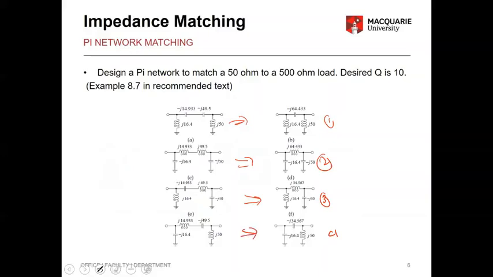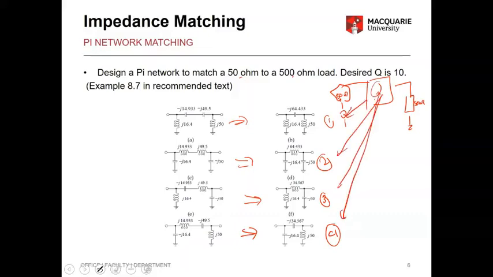There are 4 matching networks you can have to match a 50 ohm source to a 500 ohm load. So this impedance matching network can be this, or that, or that. So go through that example in the STS book. This gives you a lot of control.